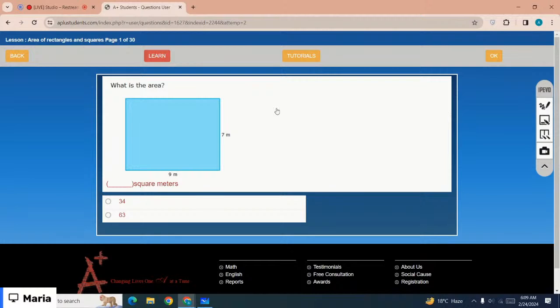The correct option is 9 times 7, that is 63 square meter. Option number 2 is the correct option.